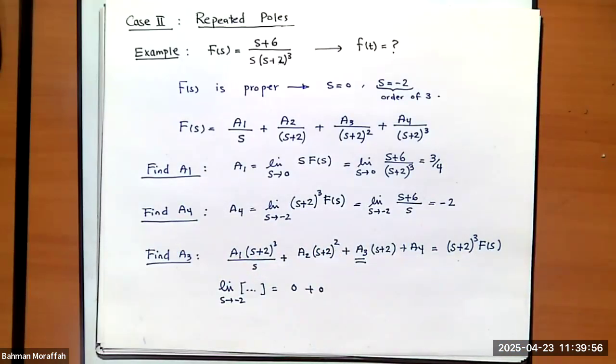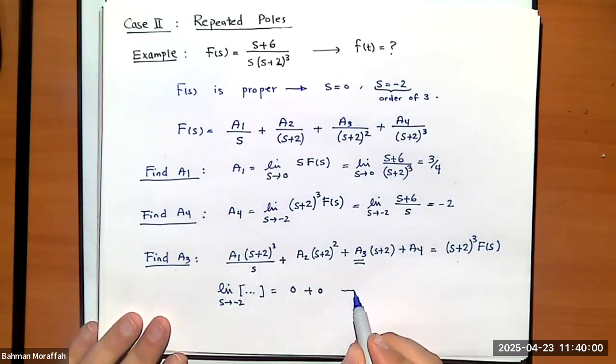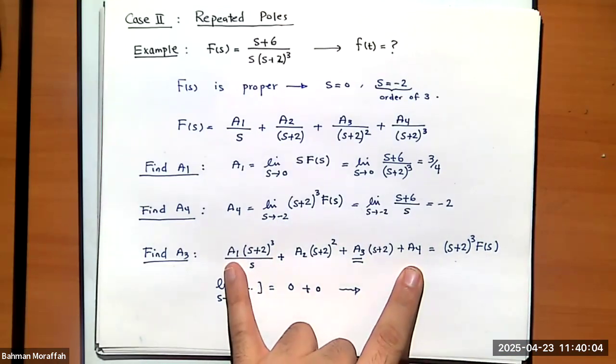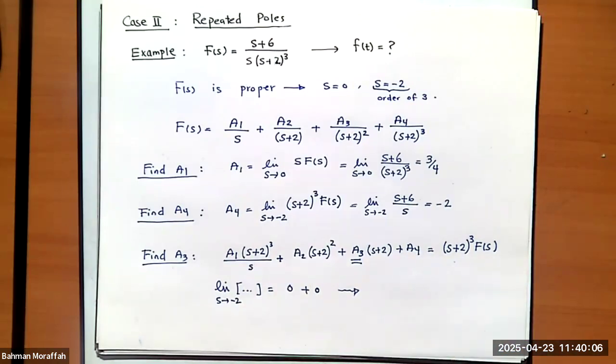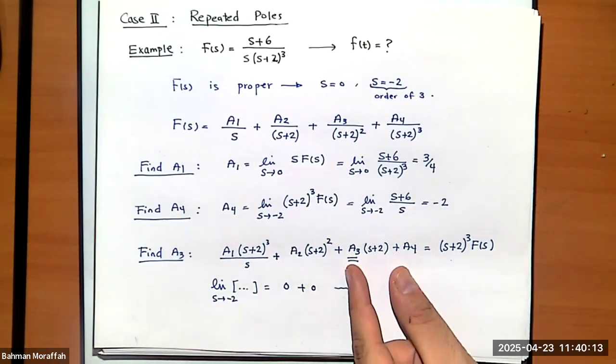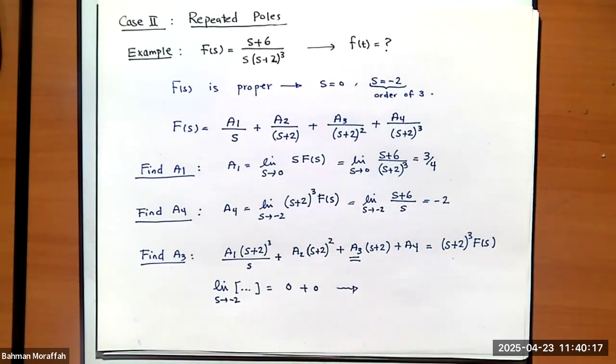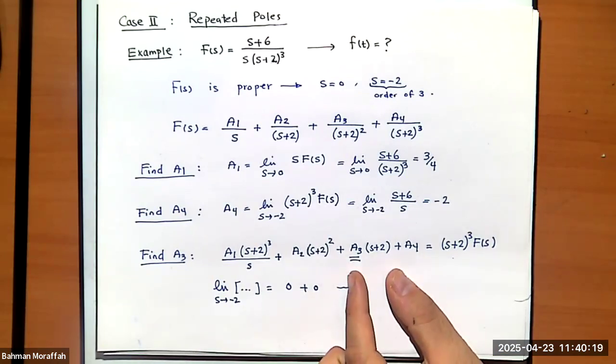That's the part I have issues with. So I want to find the derivative of this term at s equals -2. What's the derivative of s plus 2 with respect to s? It's 1. Therefore, this here is going to be A3.